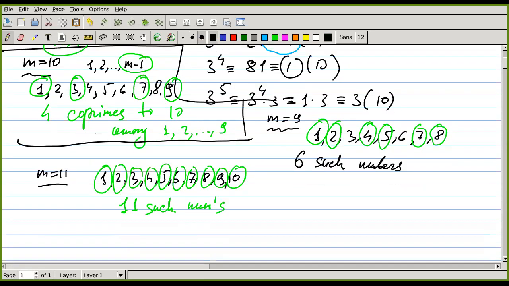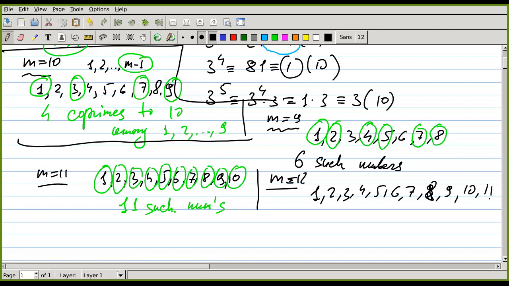Yes. And what about 12? 1, 2, 3, 4, 5, 6, 7, 8, 9, 10, 11. Of course, every prime as well as 1, all these numbers are co-prime to 11. And what about any other number?